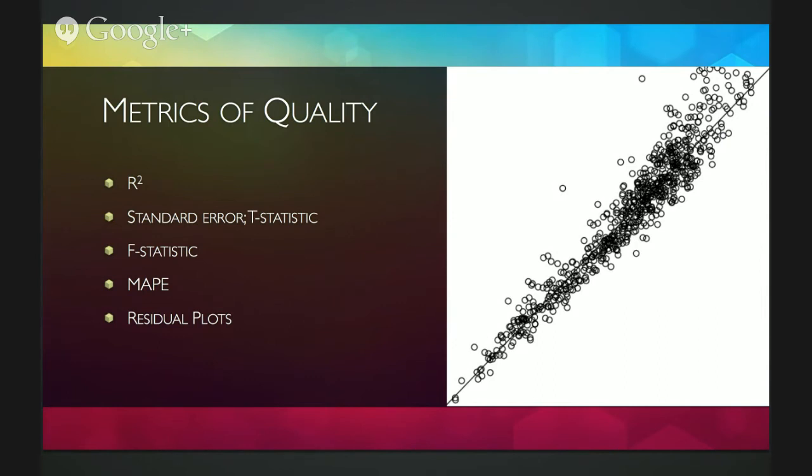And so the first question to ask is not how big is the quantity, but how good is the result? There are some standard metrics of quality with statistical techniques like regression. And they're generally numeric. So the R-squared value is one such. The standard error and the T-statistic and the F-statistic and the mean absolute percent error and residual plots.